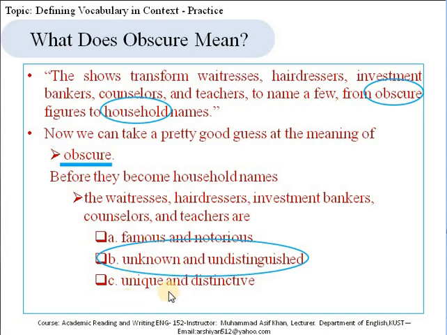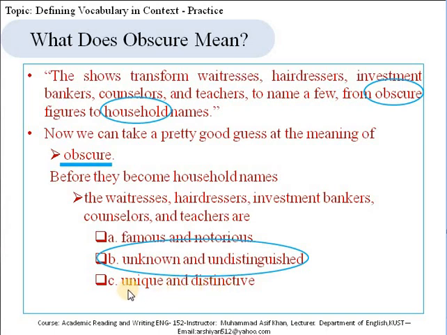Answer C does not really make sense, because we know from the passage that these people are waitresses, hairdressers, investment bankers, counselors, and teachers. These are all very respectable jobs. I'm not saying that these jobs are not respectable, but they are fairly common jobs, so they wouldn't be described as unique and distinctive. So option C is not the right option.